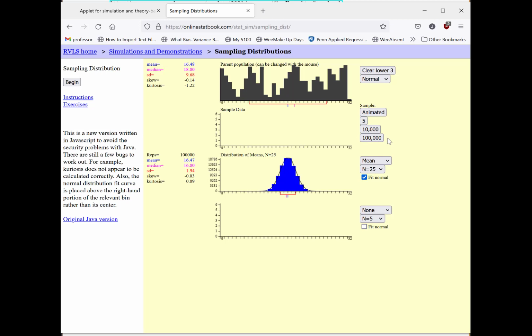This time we're spread out a little bit more so you can see that it's a little more normal. Again, let's see what happened to our means. The mean of the parent population is 16.48. The mean of all of those possible sample means, which we only did 100,000, not millions of them, was about 16.48, almost. But the standard deviation got smaller again.